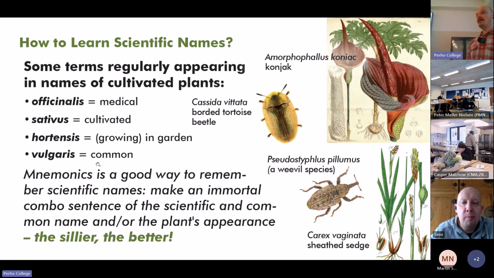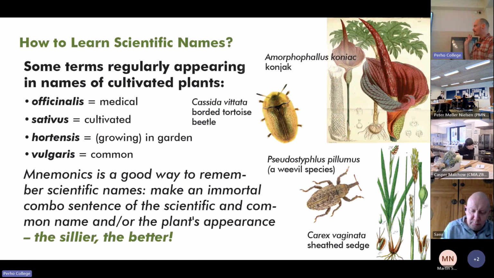On the internet, you can find lists of the species names of plants, where they're also told what they mean. Well, mnemonics is a good way to remember scientific names.